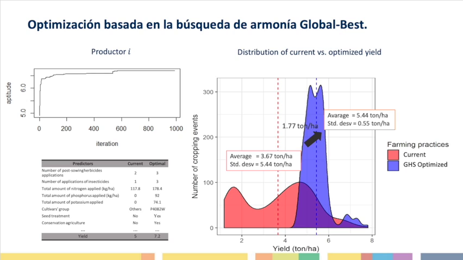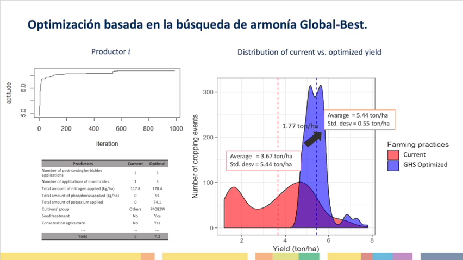The challenge that we wanted to propose, based on this data analysis process that could generate these specific recommendations based on optimization and prescriptive analysis, is to displace this distribution to one that's more focused on the right side of the plot so that every producer can exploit their resources the best they can to increase that yield average by 1.77 tons per hectare.